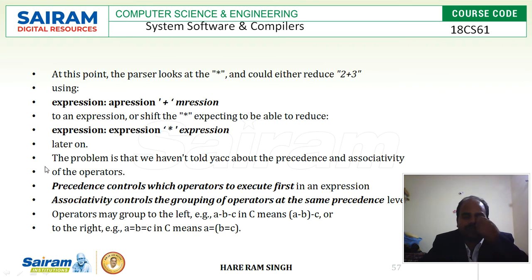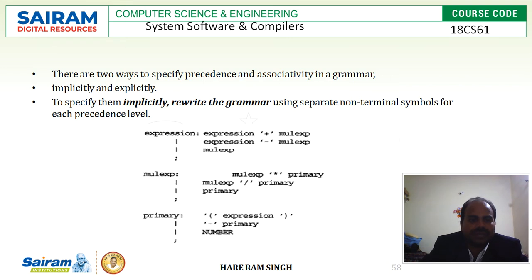So to remove the ambiguity, two things we can do. We can add precedence, which controls which operator to execute first in an expression, and associativity, which controls the grouping of operators at the same precedence. So we can apply the precedence rule and the associativity rule.